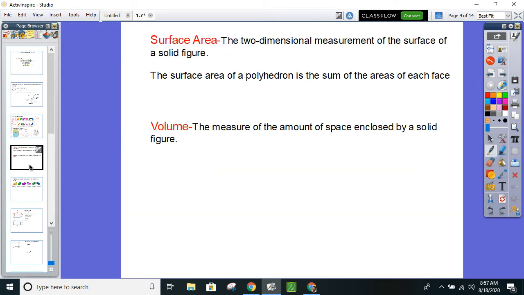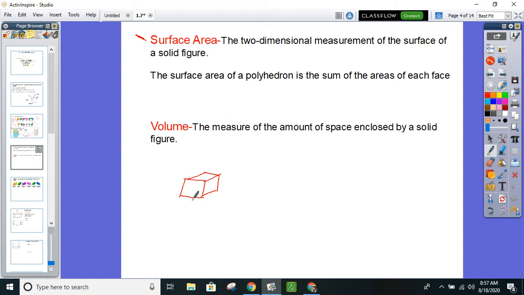The surface area is the space on the outside. If we had a cube, or a rectangular prism right here, and we paint the outside, that's the surface area, the outside part of it.